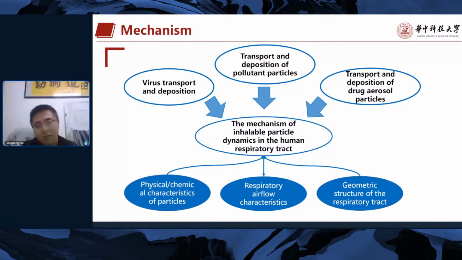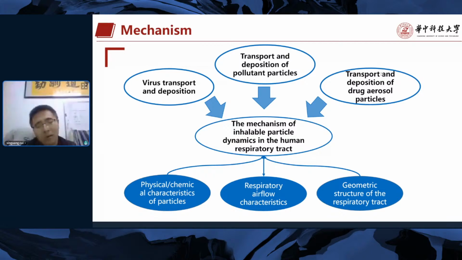For us, we don't want the air pollution to go inside the human body, but in another way, it also blocks the drugs from entering the respiratory system. And there are three important questions we need to answer.